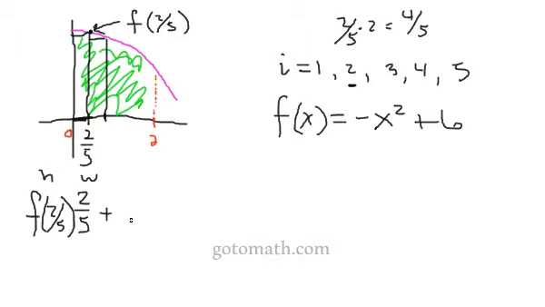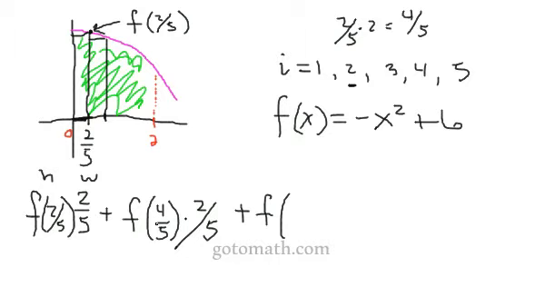Well, if we did that for all of them, this would be f of 2/5, times 2/5. So the next one we said was going to be f of 4/5, and its times 2/5 also, because its width is staying the same, plus f of, and then of course what we're doing here is taking 2/5 times it by i.